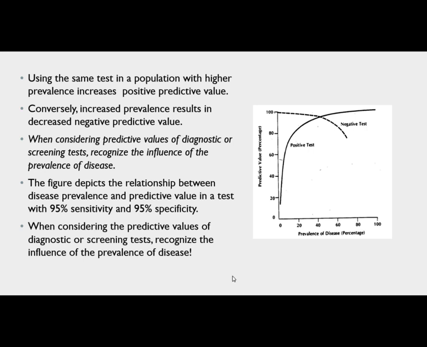Conversely, increased prevalence results in a decrease in negative predictive values. When considering the predictive values of a diagnostic or screening test, recognize the influence of the prevalence of the disease. The figure depicts the relationship between the disease prevalence and the predictive value in a test with 95% sensitivity and 95% specificity. When considering the predictive value of the diagnostic screening test, recognize the influence of the prevalence of the disease.